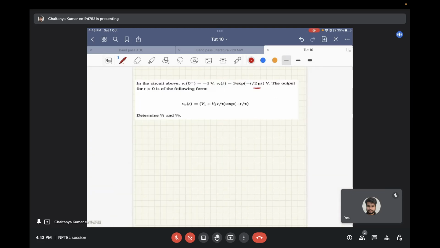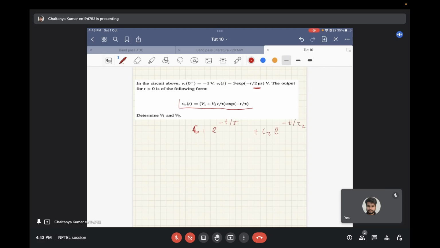So earlier you saw that if the time constants of the input and the system are different, you have something like C1 into e to the power minus t by tau 1 plus C2 into e to the power minus t by tau 2.